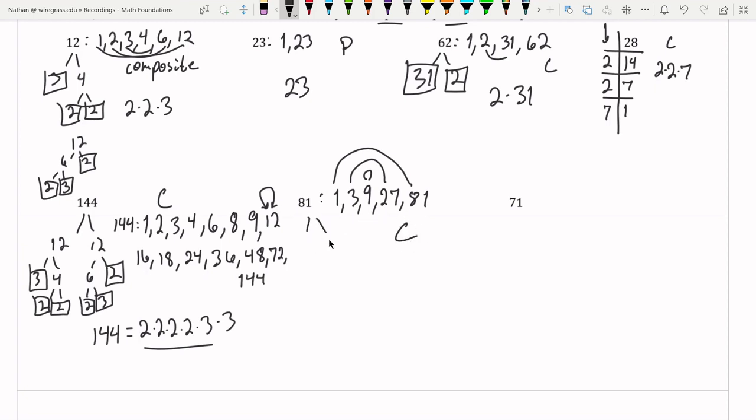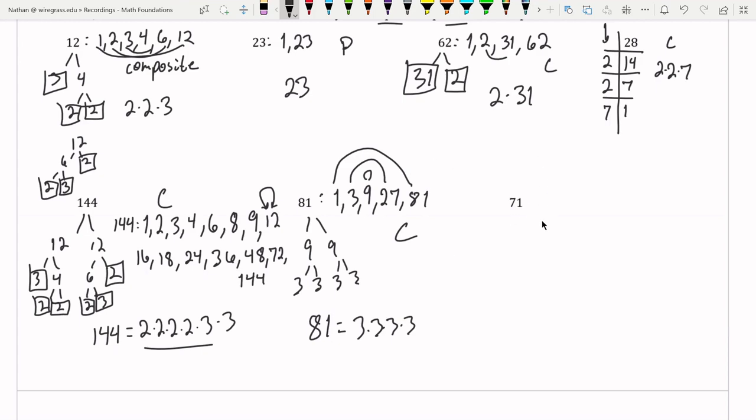It's not prime, so 81 is 9 times 9. It's a perfect square. And 9 is 3 times 3. So actually, 81 is just 3 times 3 times 3 times 3. So these are the only numbers that if you multiply different pairs of them, you're going to get these ones. 3 times 3 is 9. 3 times 3 times 3 is 27. And of course, all of them together give you 81.